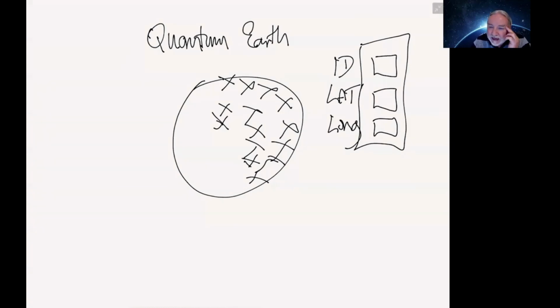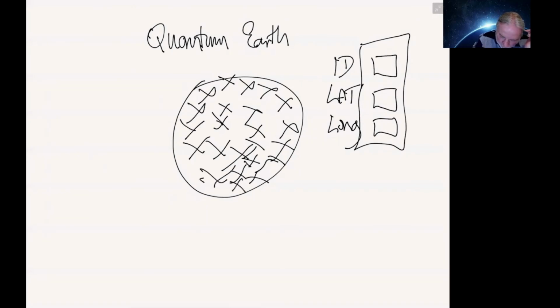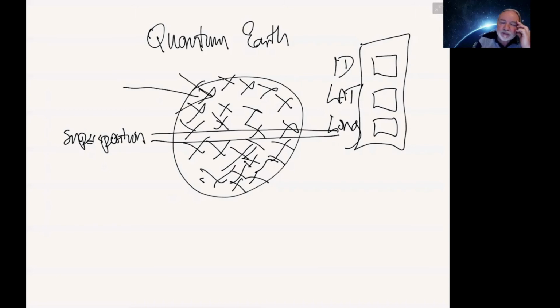But what you can do, and this is where, remember I said to you, here's the equator, and that's where a qubit in superposition has an equal chance. But remember I told you, if it's in the northern hemisphere, it has a greater chance of being 0.